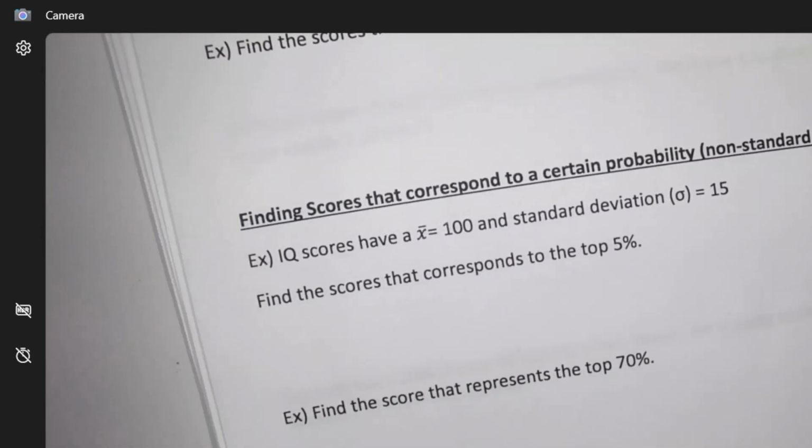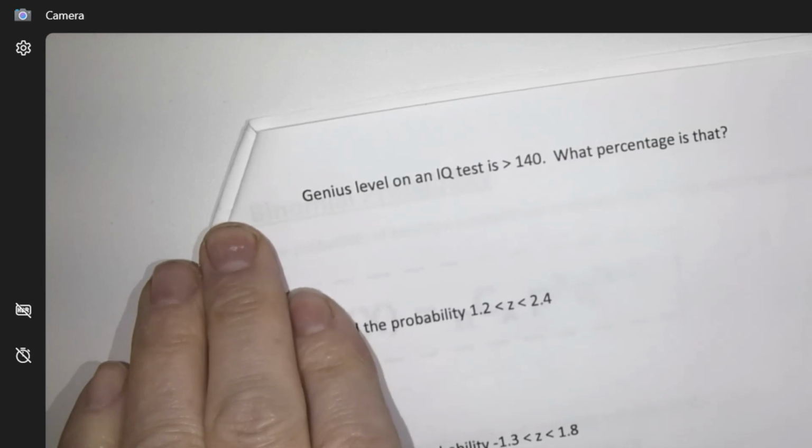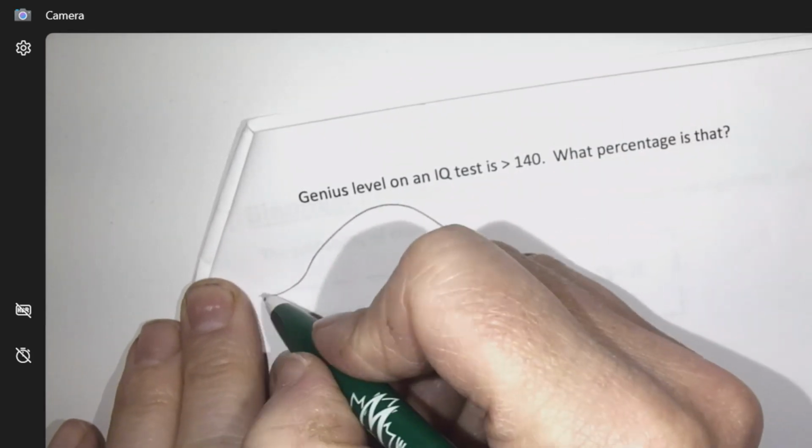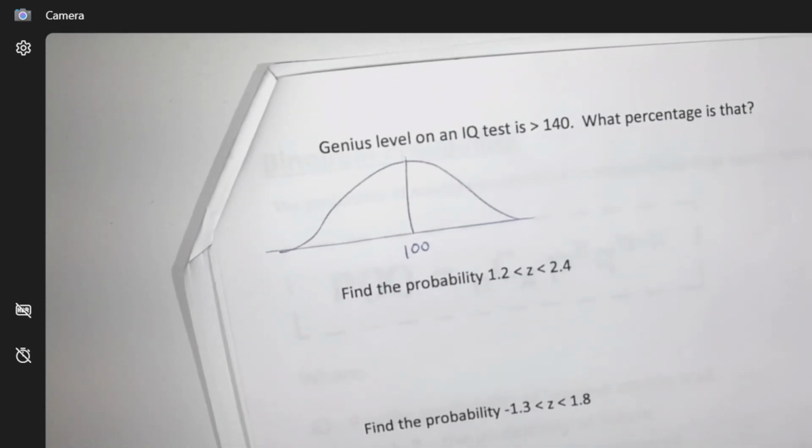Okay, we'll do one more because I want you to practice them today yet. Okay, so remembering that we had 100 in the middle, but I'm not going to write the rest down.